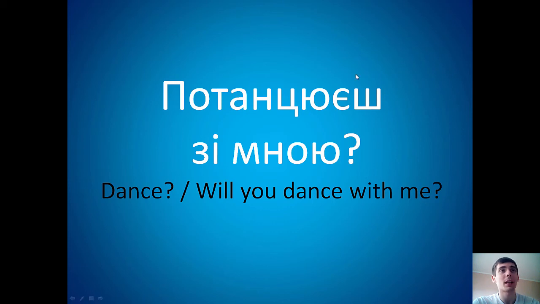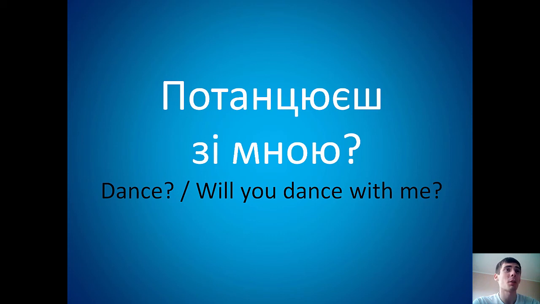Because of the ending, it indicates that it's the nearest future. Потанцюєш зі мною, where зі is "with" and мною "me". And потанцюєш obviously means dance. Also the ending indicates that it is a familiar, informal way to ask this question.